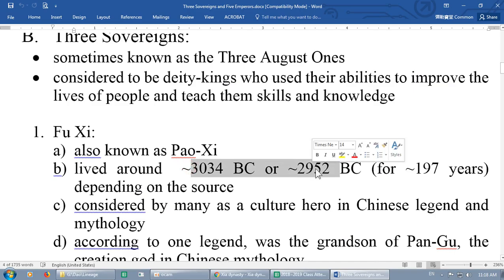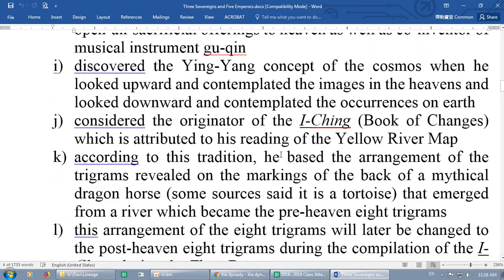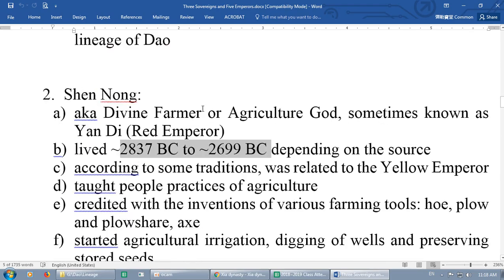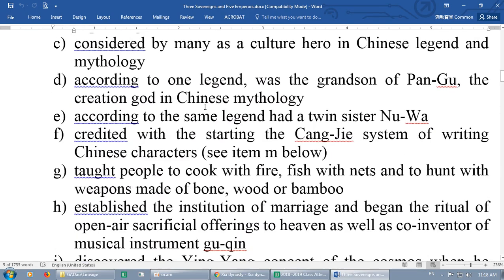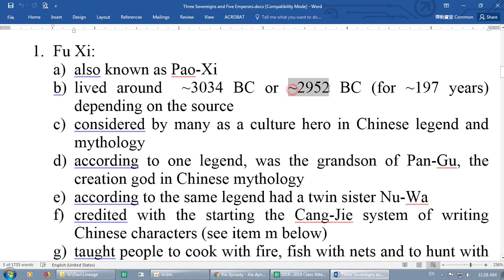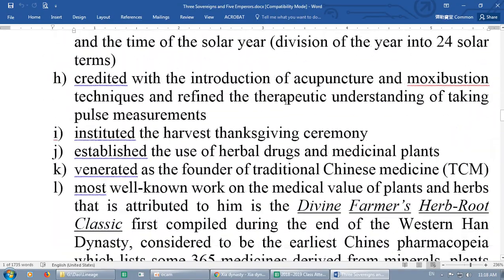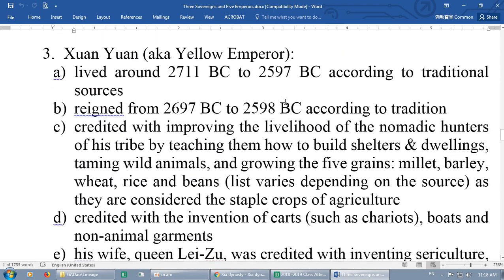Roughly 2952, and he lived for roughly 200 years, to 2752, or 2800. Okay, then the third.